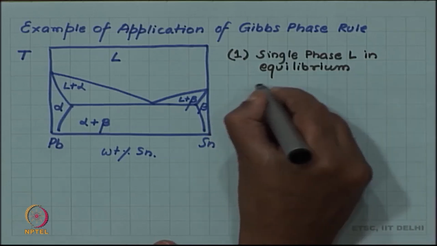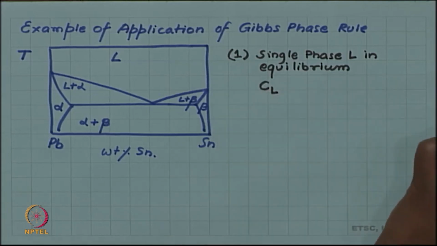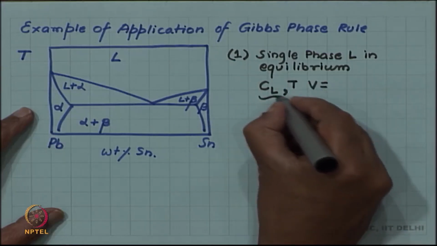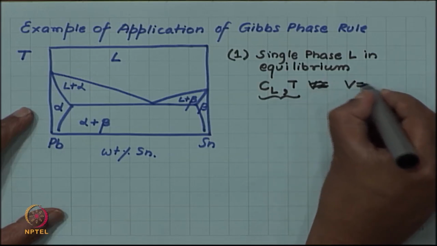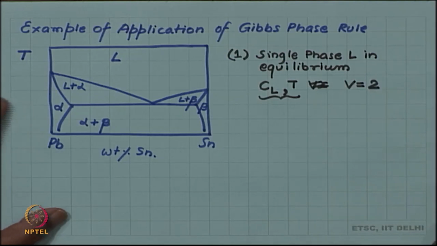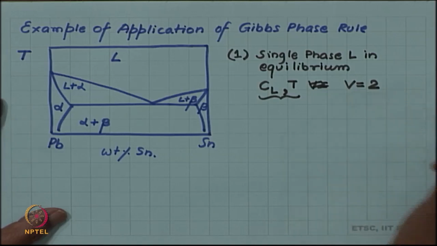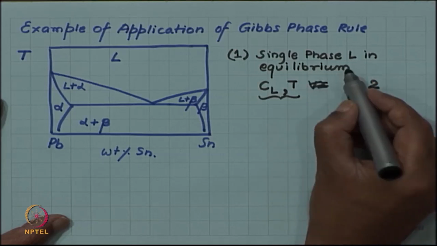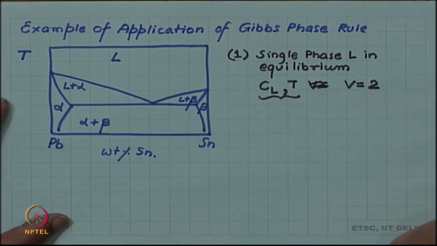Since only a single phase liquid is there, we have only one composition variable Cl, and we have the temperature. So, Cl and T are the variables. So, the total number of variables is 2. One phase composition, single phase is in equilibrium, and one temperature. So, we have 2 variables. The question is, if I want to have liquid in equilibrium, which of these or how many of these variables I can vary. So, let us apply the phase rule.